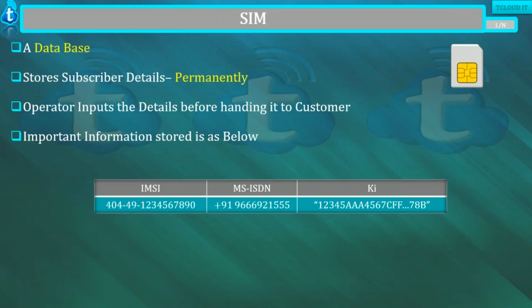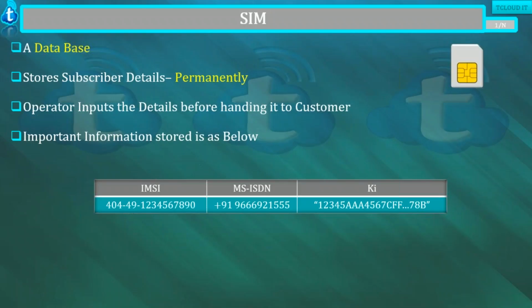Why is that? The idea is there could be a probability that a human being working on the MSC has access to all the call logs. If a human being is accessing the call logs, that person can easily find out who is registering at what time, who is unregistering at what time, who is making a call at what time.